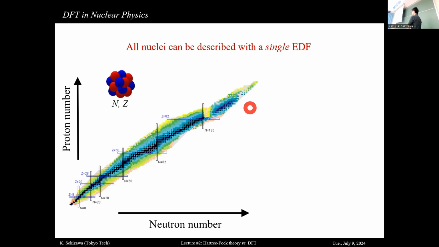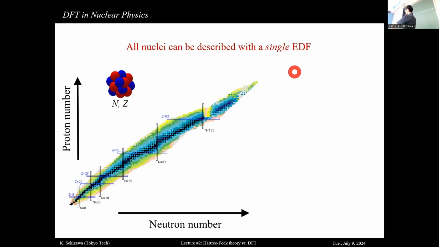So the neutron number N and proton number Z determine one single nucleus. When neutron and proton numbers are different, we regard those nuclei as different nuclei. So having the neutron and proton numbers, you can solve the Kohn-Sham equation iteratively for a given EDF, energy density functional.